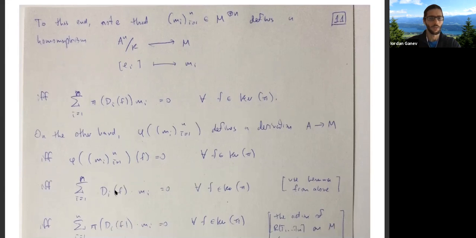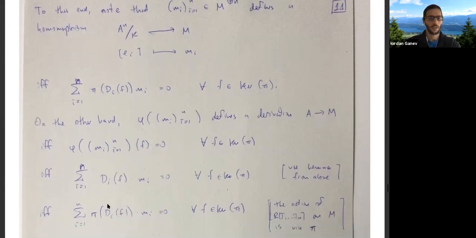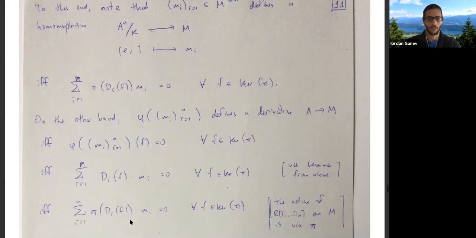The action of these polynomials technically factors through pi, so the action of the polynomial algebra goes through the quotient map pi to A, and so we just put a pi here for notational reasons.